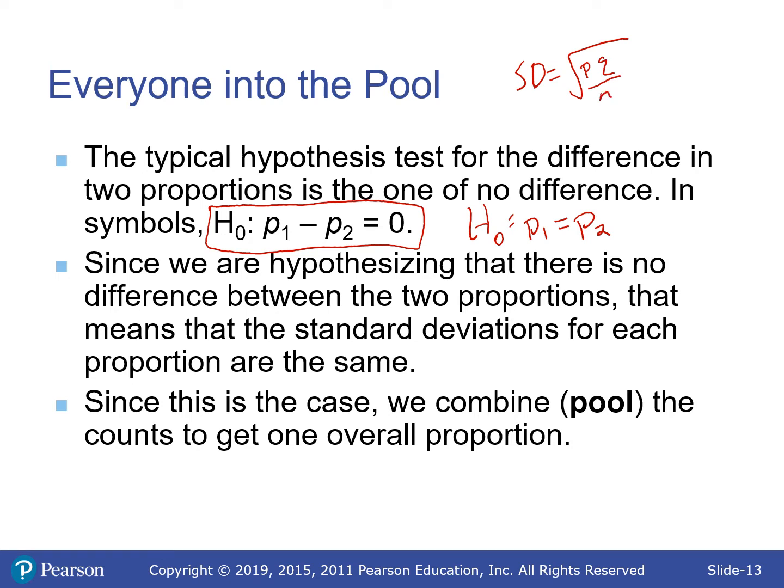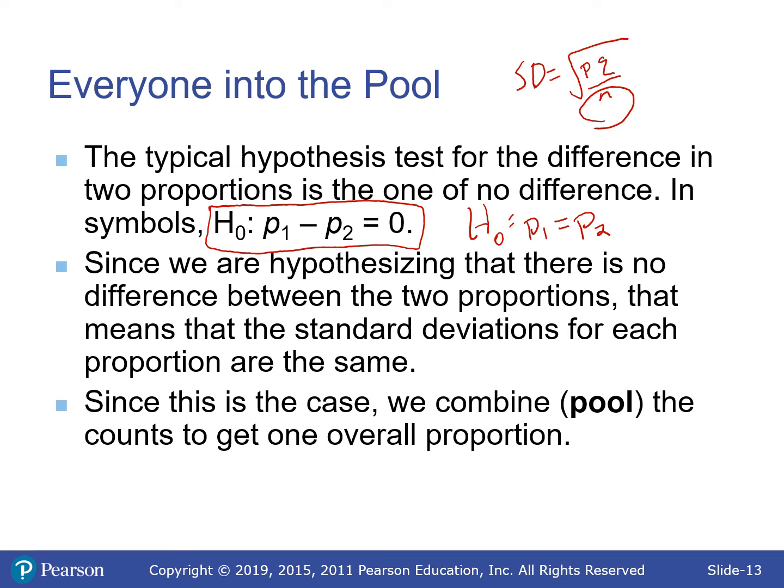Well, if we're subtracting, or if the p's are the same, then the standard deviations will be the same, because it's based off of the standard deviation. And this also is if n is close to the same amount too, it works a lot better.